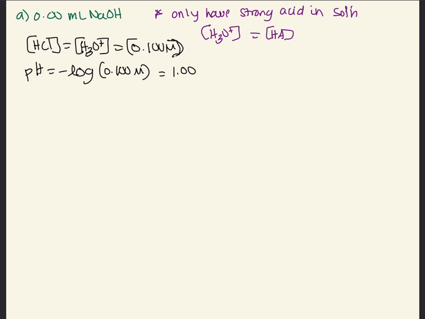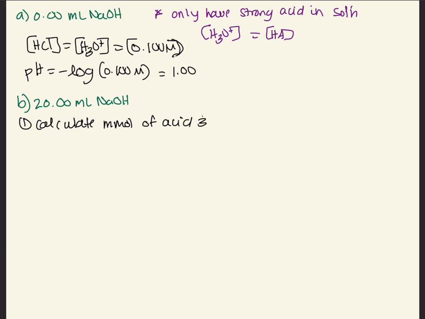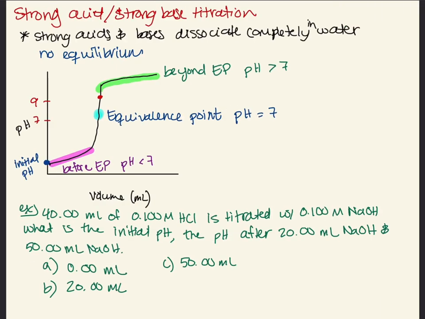All right, let's look at the second part of this. It is going to be at 20 milliliters of sodium hydroxide. So I need to calculate the millimoles of acid and base present. So I have 40 milliliters of my acid. That's what I get from right here. And I have 0.1 molar HCl.